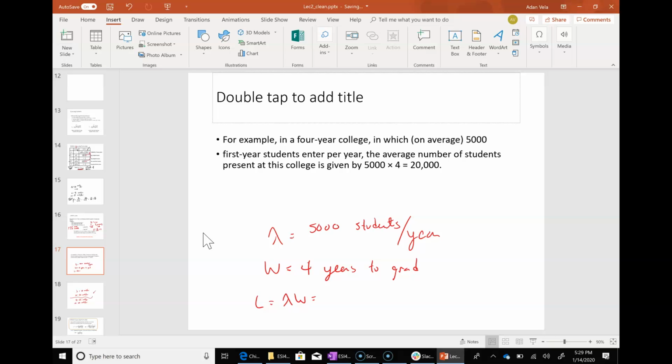So in this case, it's going to be 5,000 times 4, and that's equal to 20,000. I know I'm writing exactly what's here, but the point is, what does this 20,000 refer to? That's the number of people in the university. I don't know what UCF looks like.